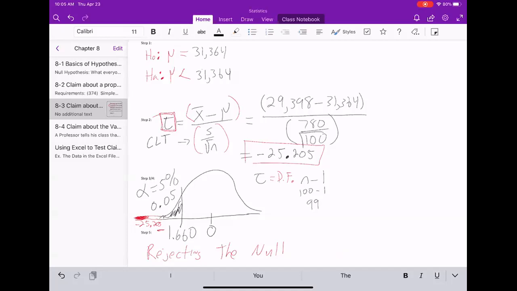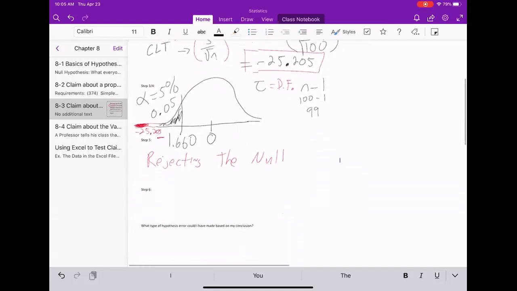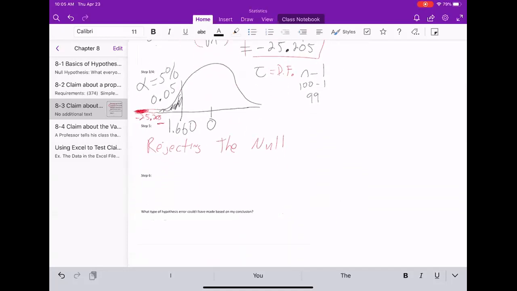So we reject the null, right? That's our conclusion. Now we need to put this back into something that people can relate to, right?